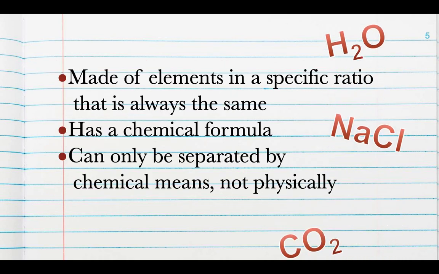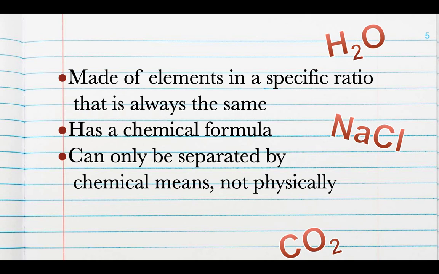Again, this is still talking about compounds. There's nothing else to write. They're made up of specific elements with specific ratios, and they're always going to be the same. H2O is always going to be water. H2O2 is hydrogen peroxide. You don't want to drink that because it will hurt you. There's always a chemical formula for a compound.